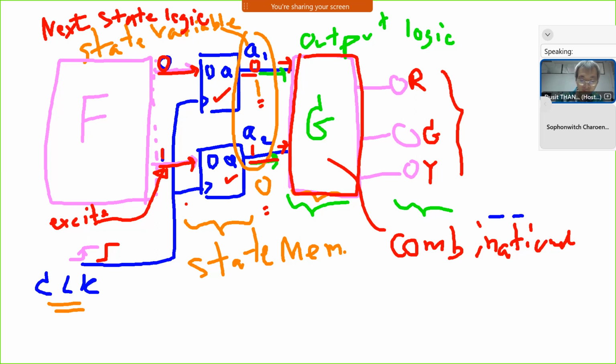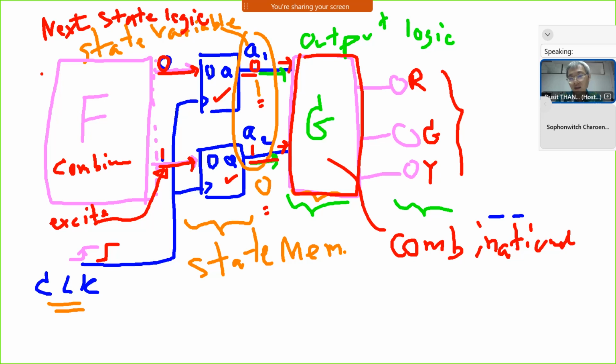Well, now the output of circuit F is also a combinational circuit.